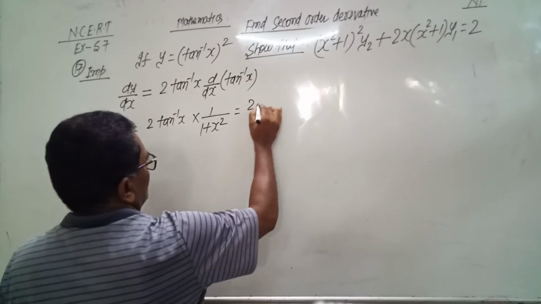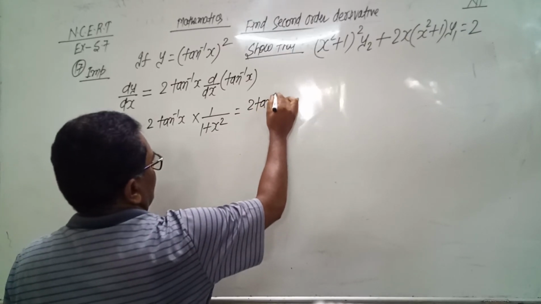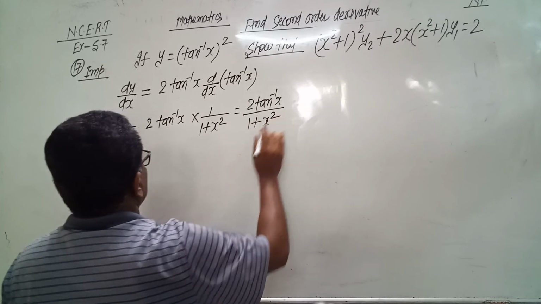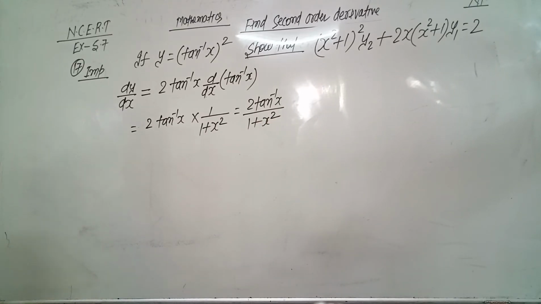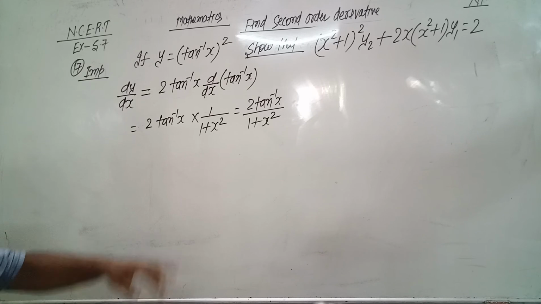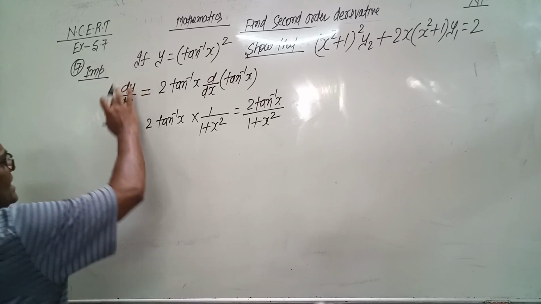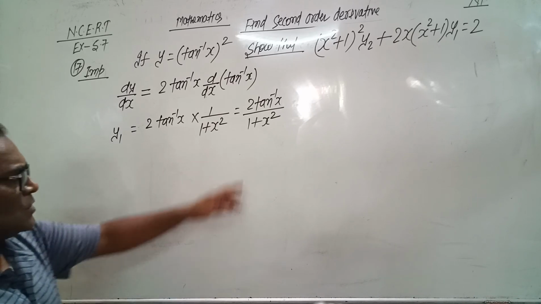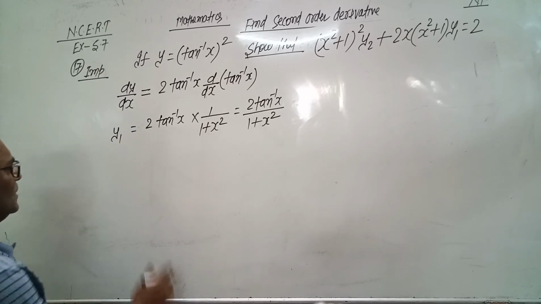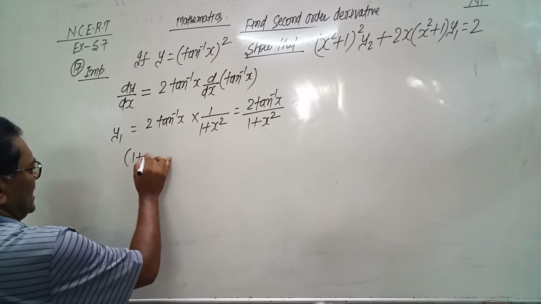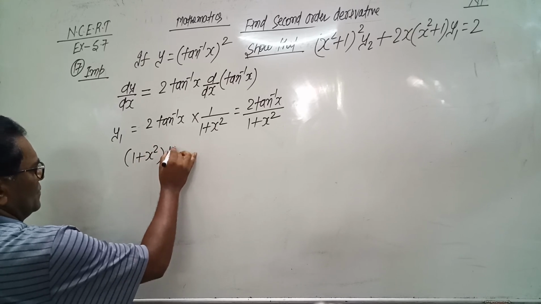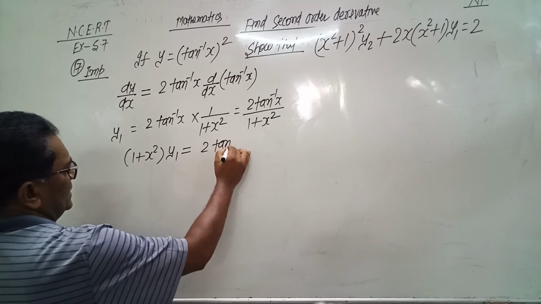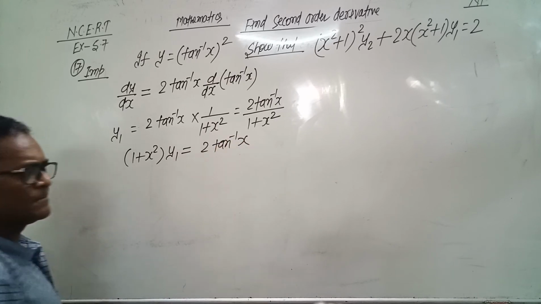So we get 2 tan inverse x upon 1 plus x square. This is dy by dx, which we can also write as y1. Do cross multiplication. So 1 plus x square into y1 is equal to 2 into tan inverse x.